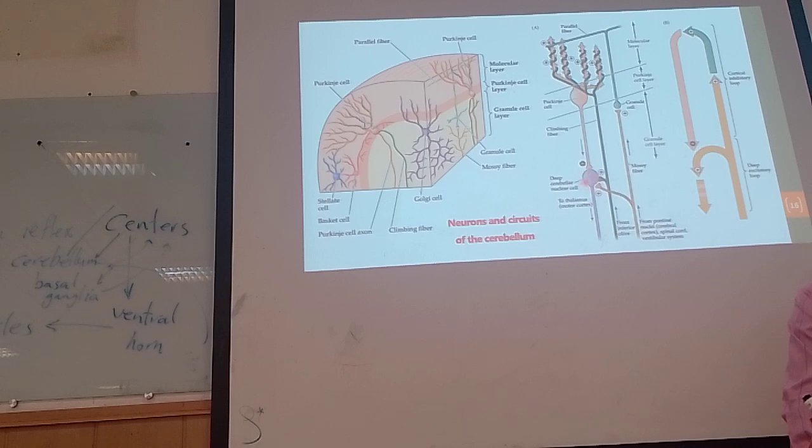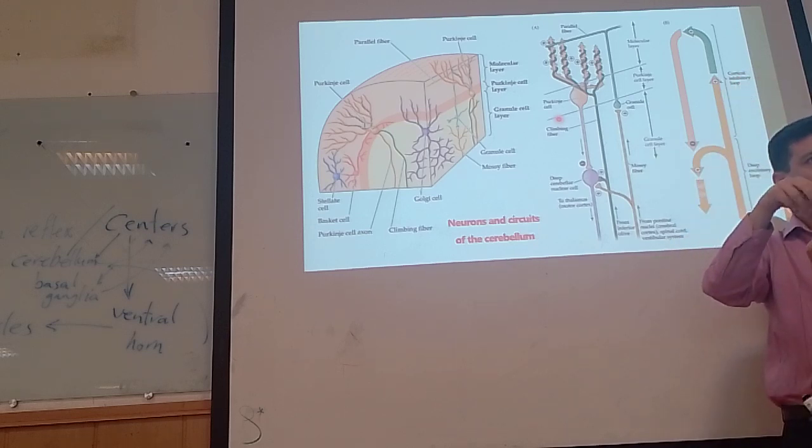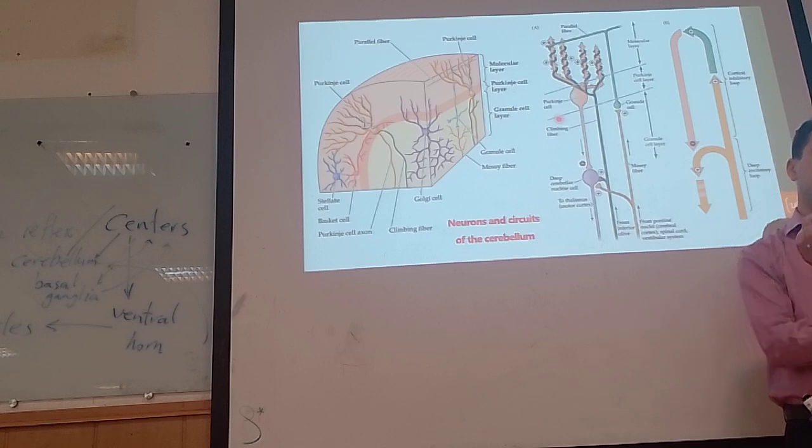These deep cerebellar nuclear cells are mainly excitatory. Most of them are glutamatergic, but there are also some GABA neurons. Let's ignore the GABA neurons and stick to the glutamatergic. So, the Purkinje neuron releases GABA and inhibits the deep cerebellar nucleus, which itself is excitatory.